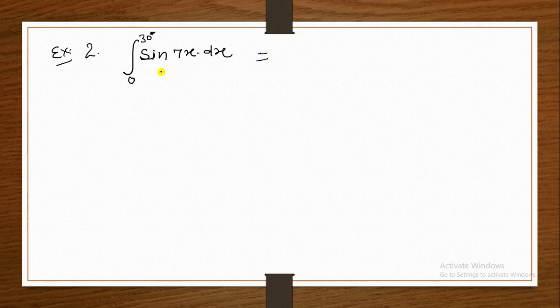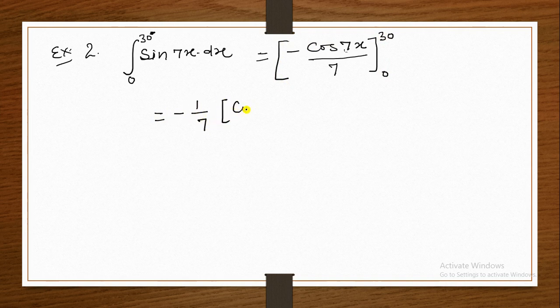You know the integration of sin x is minus cos x, and after that you do the differentiation of the angle. The differentiation of the angle is 7, and write the limits 0 to 30. This is equal to minus 1 upon 7 into cos 7x from 0 to 30.